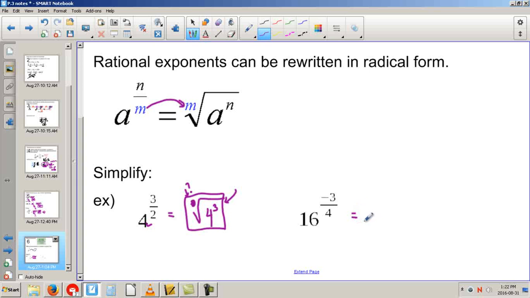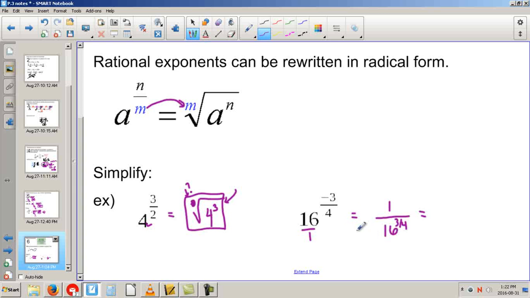And then over here we have this 16 to the negative 3/4. One of the first things I want to do, we talked about last time, was these negative exponents. Negative exponents mean we need to flip this. Since this is 16 over 1, I'm going to make this 1 over 16 to the positive 3/4.